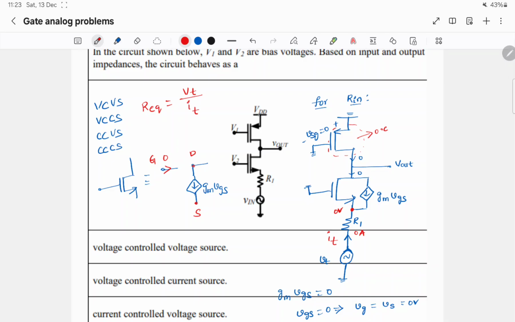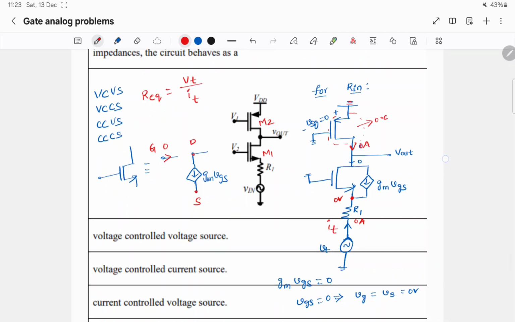here VDD, the source is tied to VDD. In small signal it will be grounded, and also the gate will be grounded. So VSG of this second transistor is 0, so GM VGS will be 0. So the current flowing in this transistor is 0 amps.